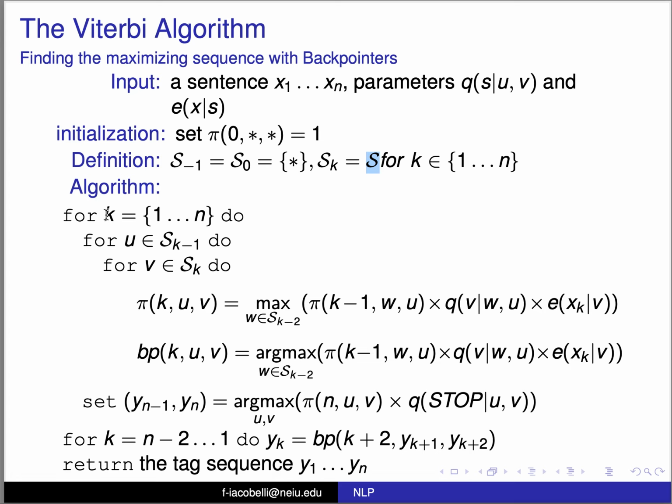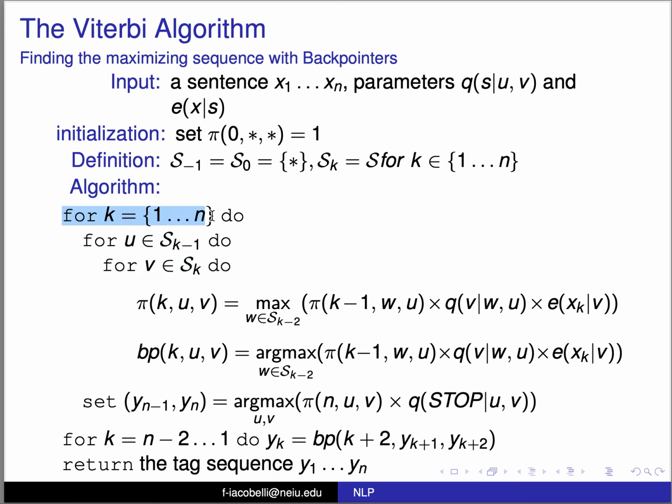Now, you're going to go for k from 1 to n, for each u in the set of tags, and for each v in the set of tags. So these two loops are for all combinations of two tags.